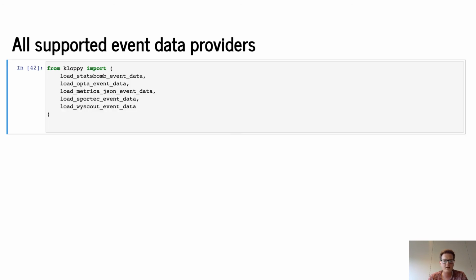Kloppy provides loaders for 5 providers at this moment: StatsBomb, Opta, Metrica, SportTech, and Wyscout. And the output is always a data set which contains the teams and all the events, and that's always in the same format. So once you have the data set, you can keep the rest of your workflow the same.